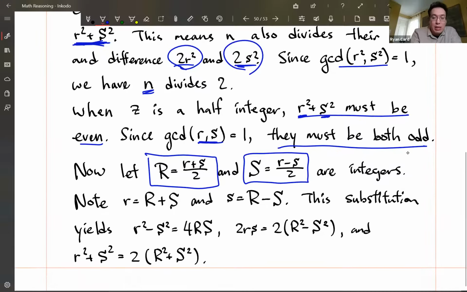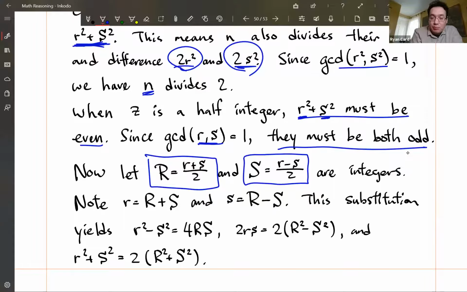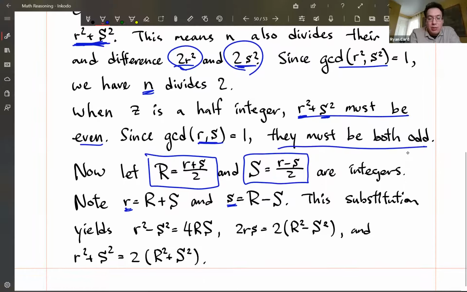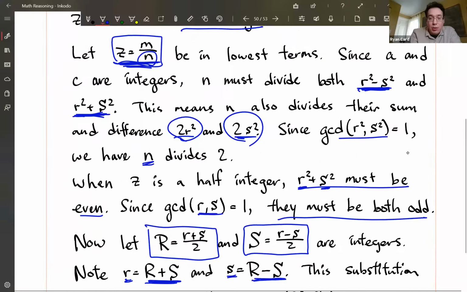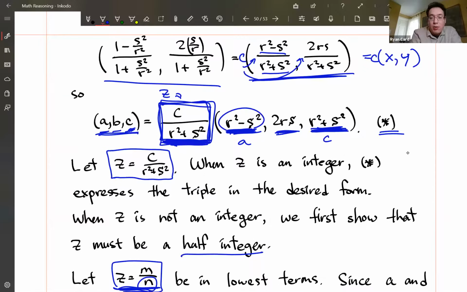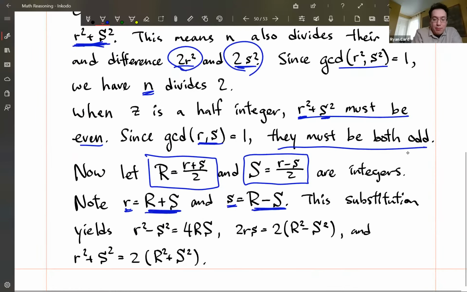And we're going to make this substitution. If we add them together, we'll get little r. And if we look at the difference of each other, we'll get little s. So what we're going to do is substitute. Little r is going to be big R plus big S, and little s is big R minus big S. If you look at all three of these terms, here's what we get.